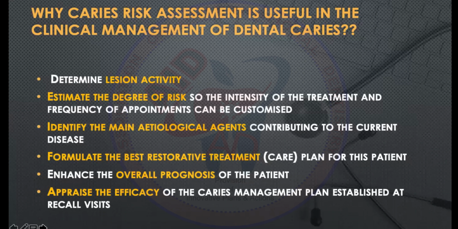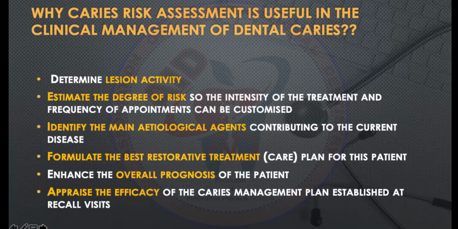So you need to identify what has led to this caries, which factor is responsible for dental caries. And if you know how much risk is involved, you can formulate the best restorative treatment and care for that particular patient. And then you can overall assess what the prognosis of your treatment will be.